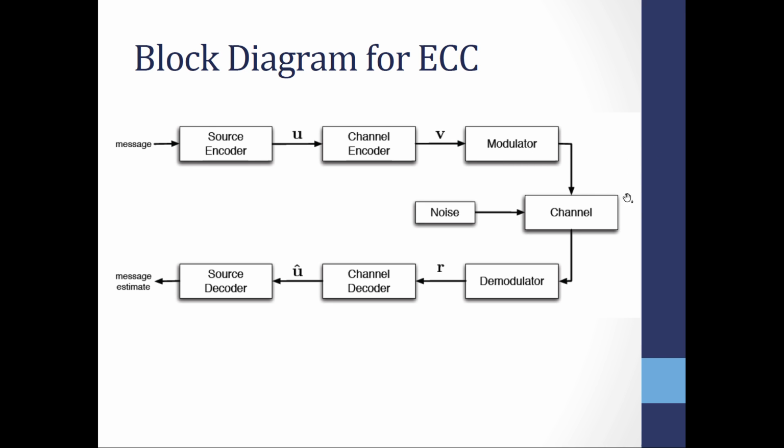Then you transmit over the channel, where noise is added, and at the receiver side you use a demodulator, then the channel decoder, and then the source decoder, which gives the message estimate. You estimate your message, which is supposed to be equal to the transmitted message. So in today's topic, we will be discussing and explaining this block called the channel encoder.